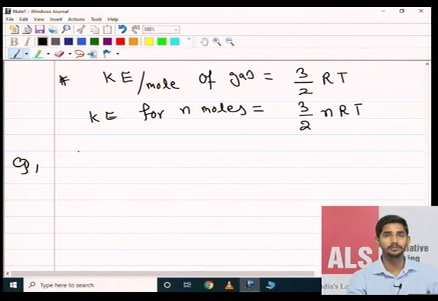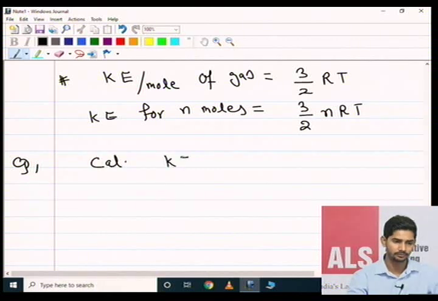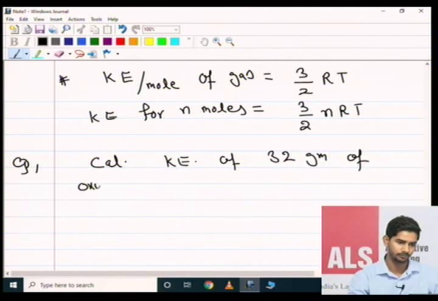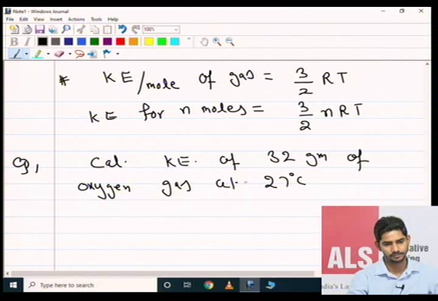Let's do a simple question. Tell me the answer. Calculate the kinetic energy of 32 gram of oxygen gas at 27 degrees Celsius. What we have to do? We have to just use this formula.